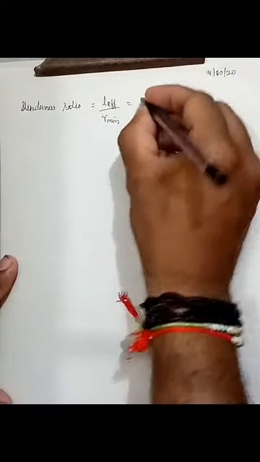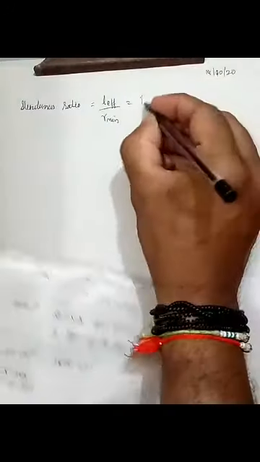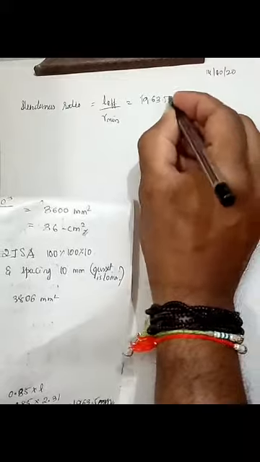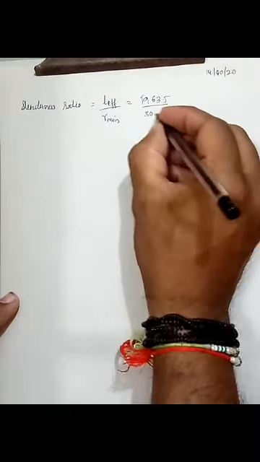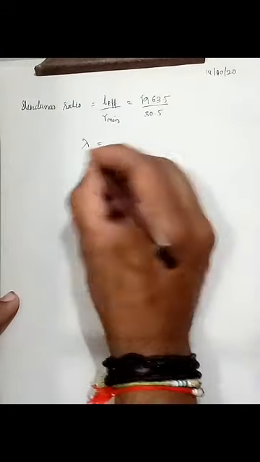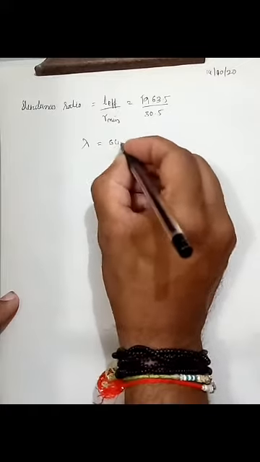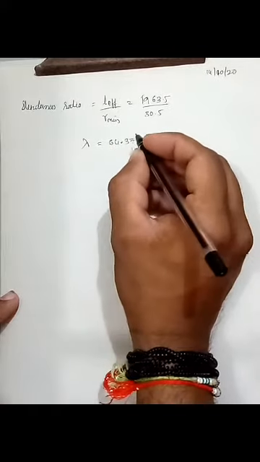So we can round the effective length up here. 1963.5 divided by r minimum, which you got from the steel table, 30.5. So you get lambda equals 64.37.